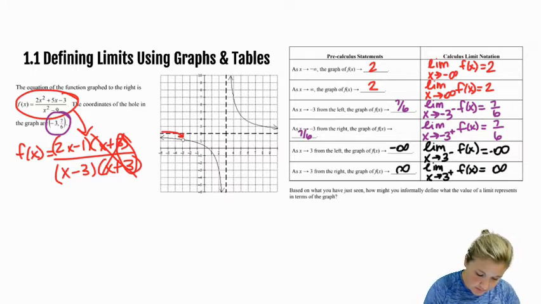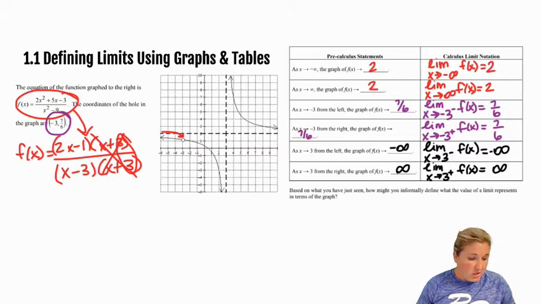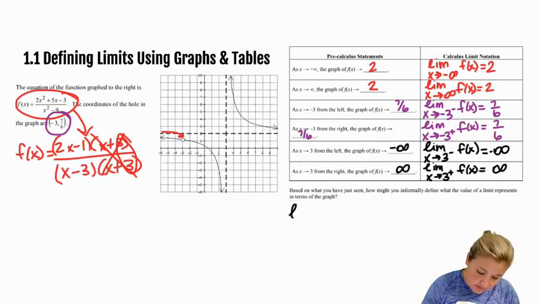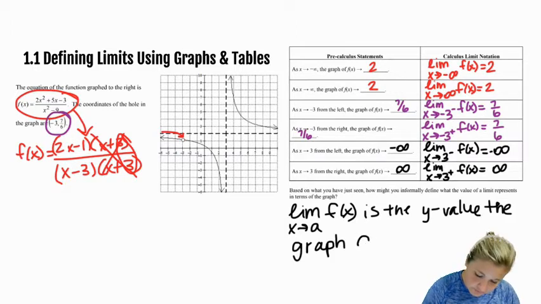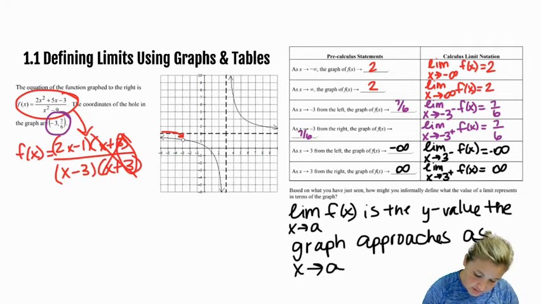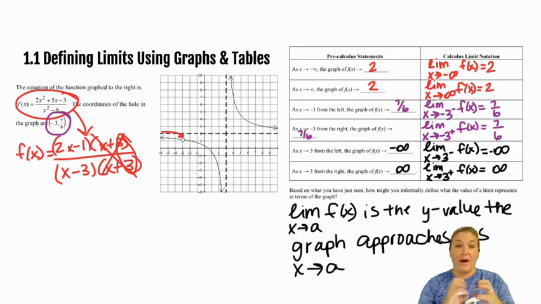So we write that as positive infinity. Based on this information, hopefully you can basically see that the limit as x approaches some number a of f of x is the y value that the graph approaches as x approaches a. Whatever that y value is, that's where our limit is getting to.